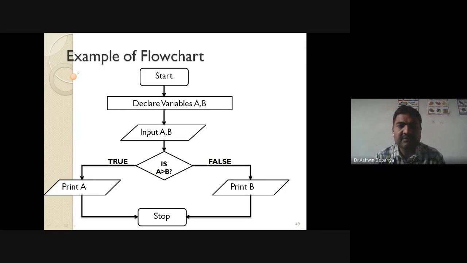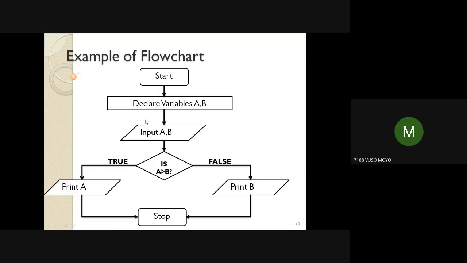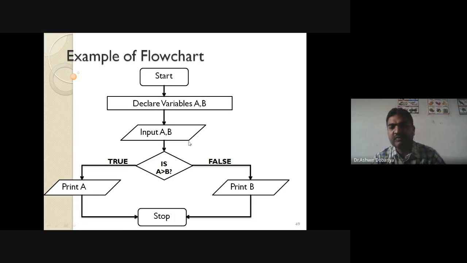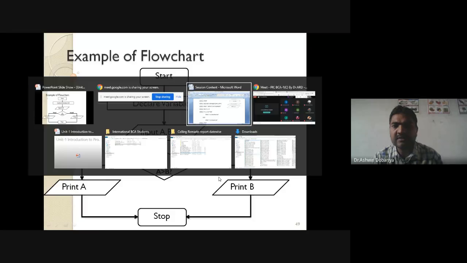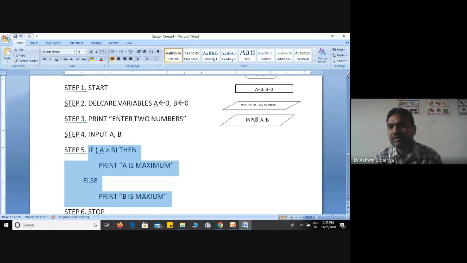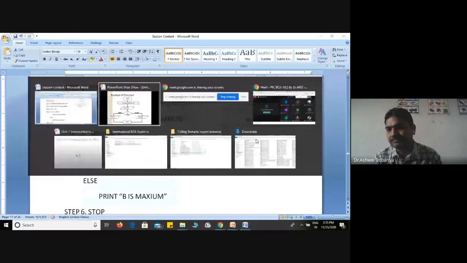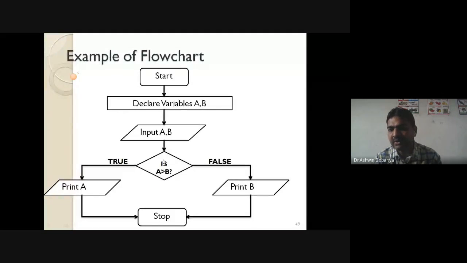Here, before this statement, I have mentioned print "enter two numbers," then input A and B. After this, you start from here: is A greater than B? If you directly mention input A, B, that's not a problem; it is also correct.